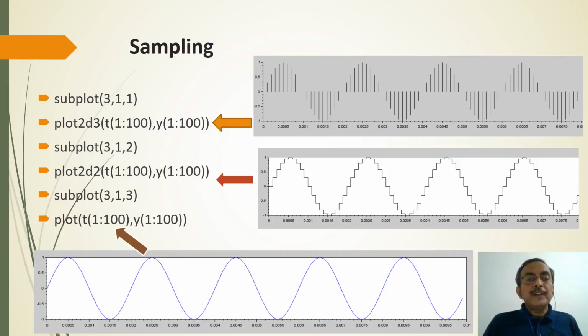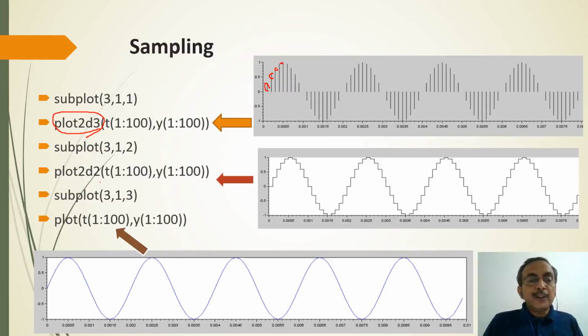Now if we use the command plot 2D3, which is a stem plot, it actually plots the first 100 samples of the Y signal, and these are the values which have been plotted.